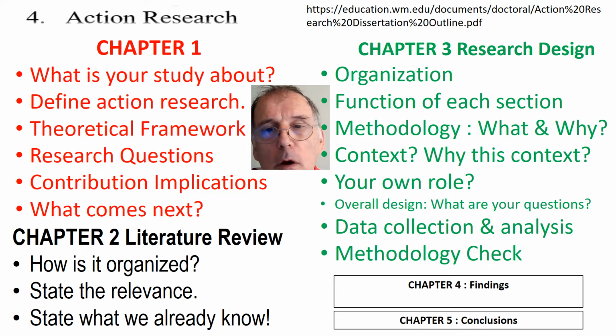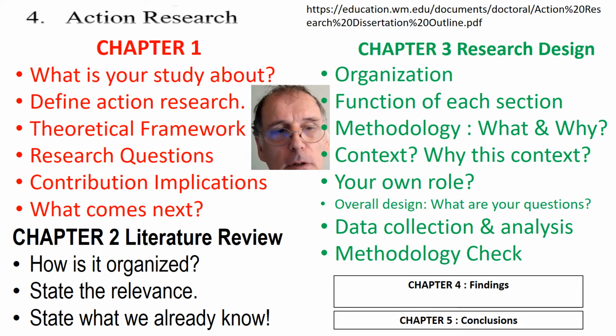So what's the reason for this? You have to explain the reason for your particular study. Research questions, the contribution implications. So how is this going to benefit your teaching and assumption and so on? And what comes next? So you just detail how you are going to continue with this action research.